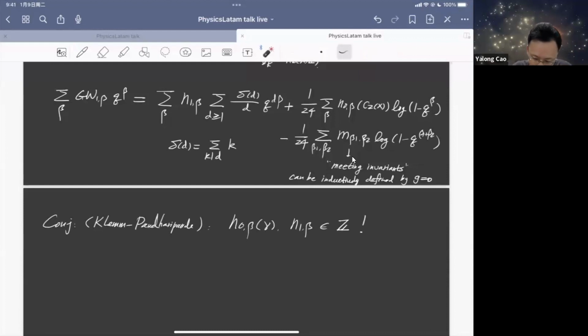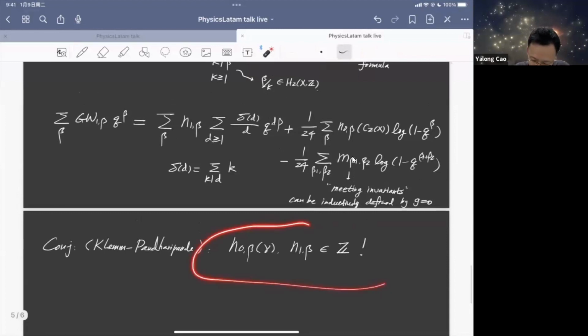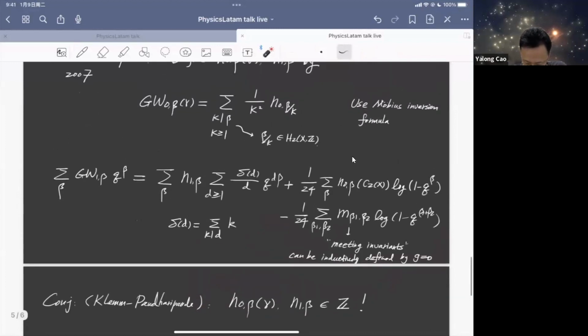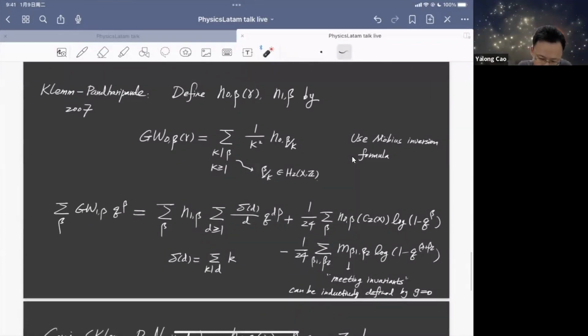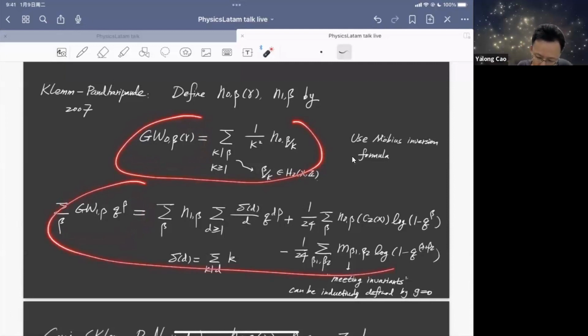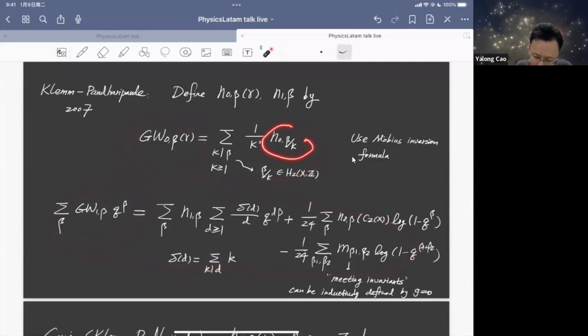I have to say that this is quite a remarkable conjecture, in the sense that the Gromov-Witten invariants are purely random rational numbers, but through these two formulas, you get rational numbers which they claim must be integers. So this is quite a non-trivial claim actually.